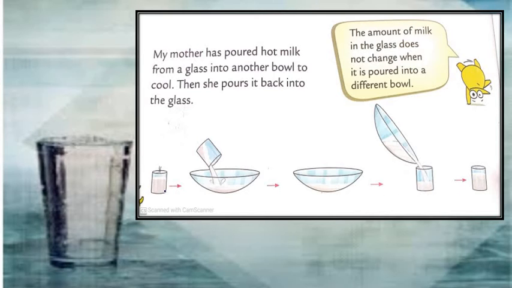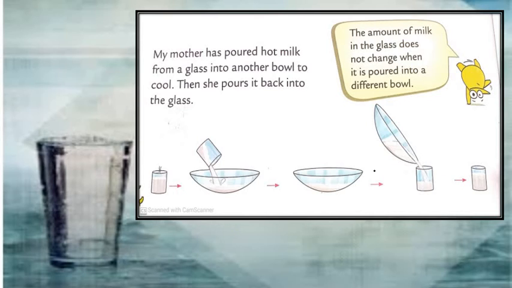You may observe this process at your home also. Mother pours this hot milk in this bowl so that it becomes cool. After it becomes cool, she pours it back into the glass. This is the glass of cold milk.